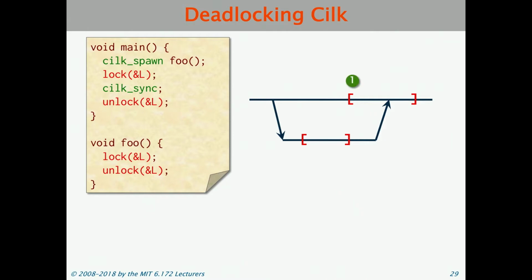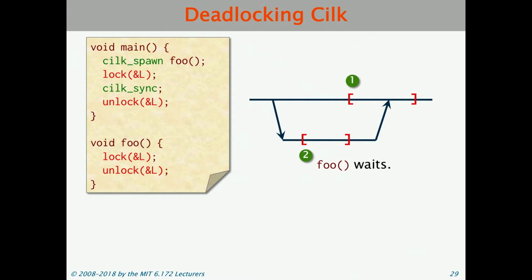I spawn off the child, but then I lock, and now the child says, oh, can't, foo is going to wait here because it can't grab the lock, because it's owned by main.